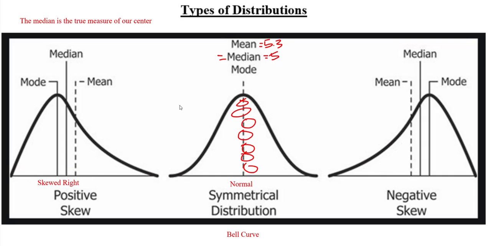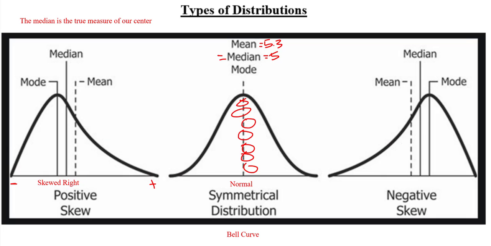If we take a look, we have the hump of our graph right here, and it looks like it is falling to the right. So it is skewed to the right. The reason it's called a positive skew is because on a number line, we read from left to right. As our numbers get bigger, that is positive. As our numbers get smaller to the left, that is negative. So this is what we call skewed right.